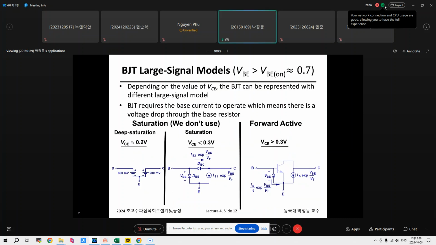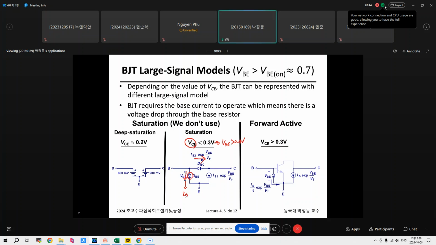So this is a large signal model. As I said before, if VCE is smaller than 0.3 volt, which means VBC is higher than 0.4 volt, it starts to conduct between base and collector, right? Therefore, the current IB through this diode is reduced.